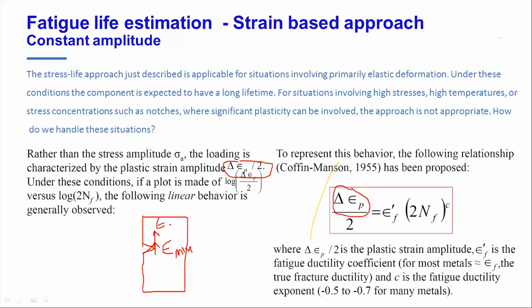At this notched specimen you will have high strain here, so you take epsilon minimum and epsilon maximum, you take the delta of that, and then you put that delta epsilon p into this equation. Now here, C is the fatigue ductility exponent.